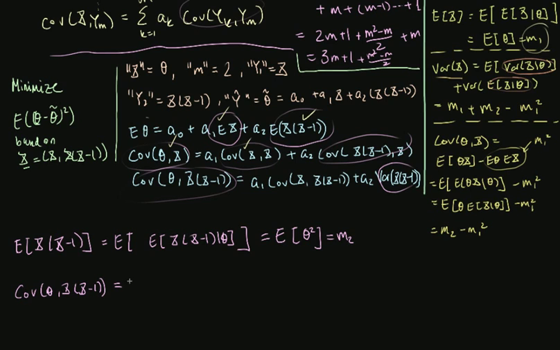Now, by definition of covariance, this is equal to the mean value of theta multiplied by x multiplied by x minus 1, minus the product of the means of theta and x multiplied by x minus 1 respectively.